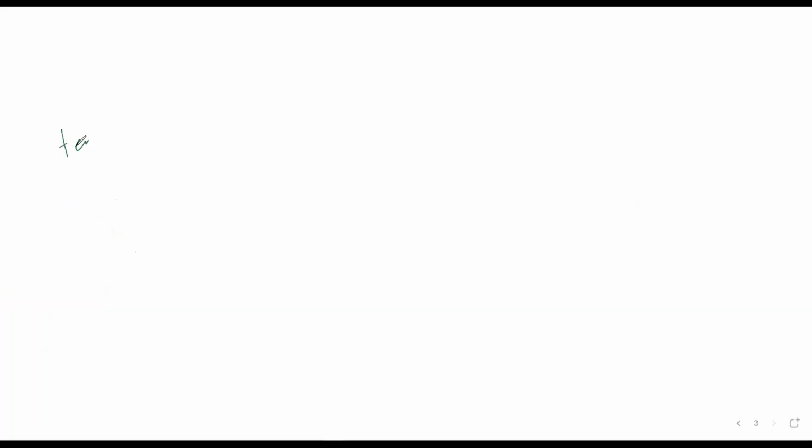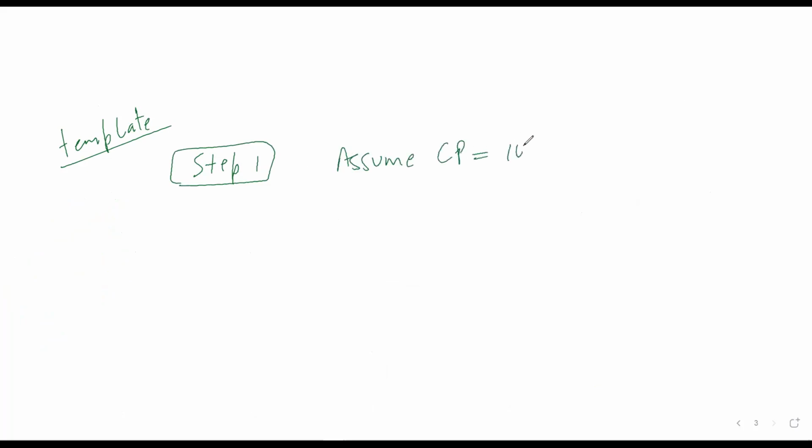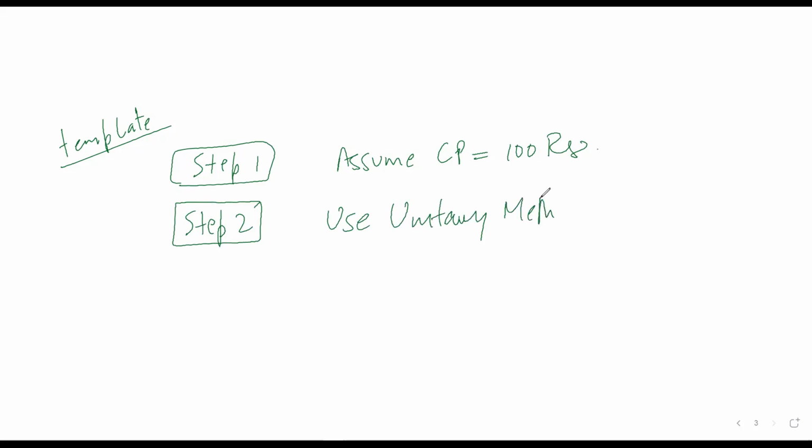So the template is: step 1, assume cost price to be 100. Is it okay? Yes, sir. Step number 2, use unitary method. Use unitary method to find, what will we find, Sarthak?